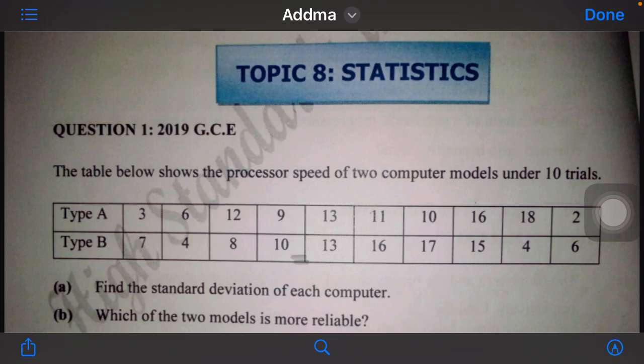So you're going to learn how to find the mean and the SD, which is the standard deviation, and how to determine which option is reliable when you're given two options. Okay, without any further ado, let's go to the solving part.